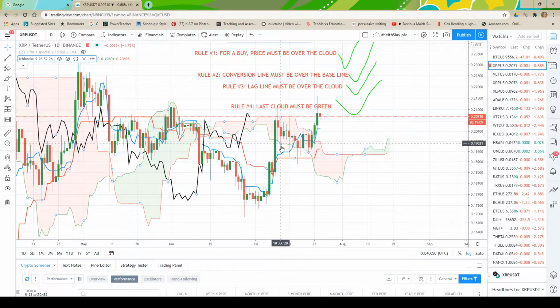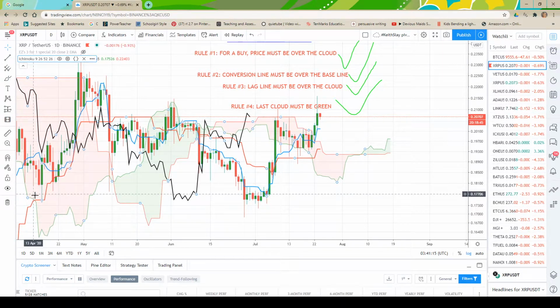Interesting. So it came up and hit the cloud and didn't break out. It got stuck in the cloud. Okay, in the cloud is sideways trading. More often than not, it's sideways trading. Okay, avoid it. This is why the rule for a buy, the price must be over the cloud, is there, because you avoid this sideways crap if you wait for it to get out of the cloud.